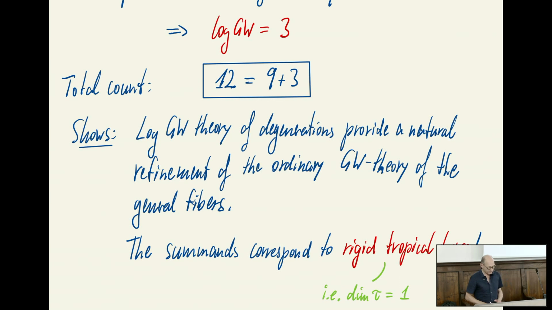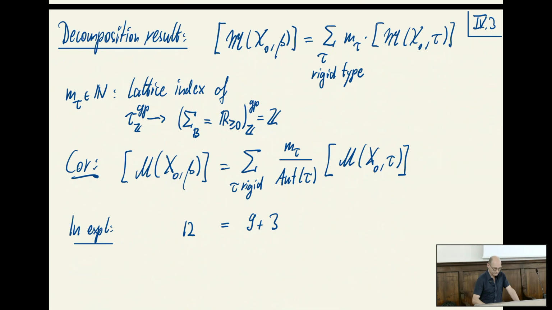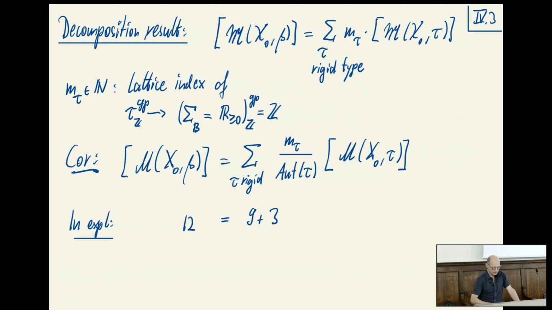So what is interesting now is that the log Gromov-Witten theory of degenerations provides a natural refinement of the ordinary Gromov-Witten theory of the general fibers. And the summands that you get, like here, 9 plus 3, correspond to rigid tropical types. And that's a general statement. So that's the main result of this decomposition paper.